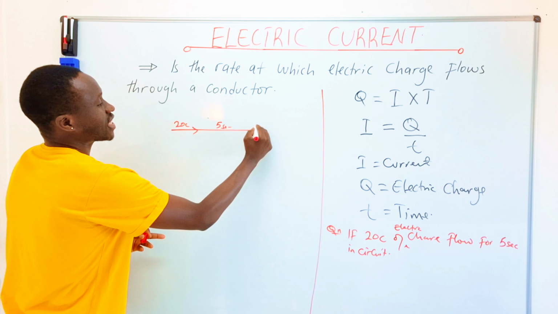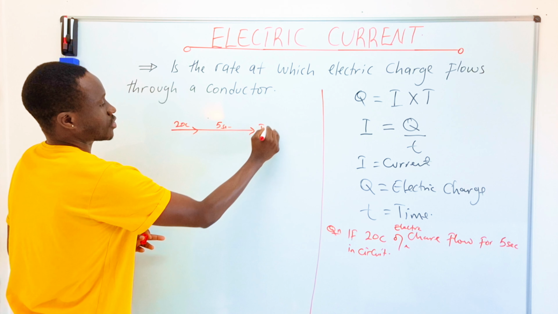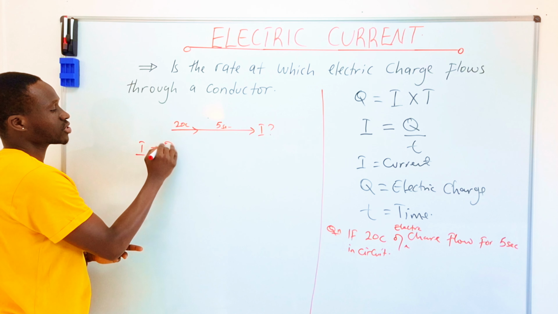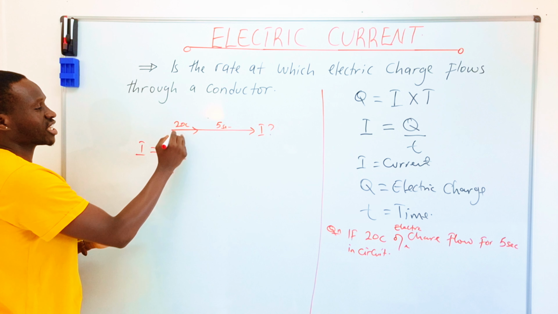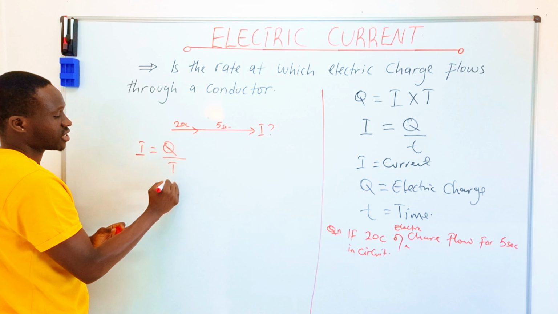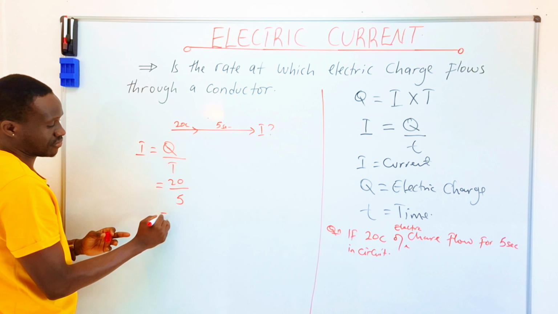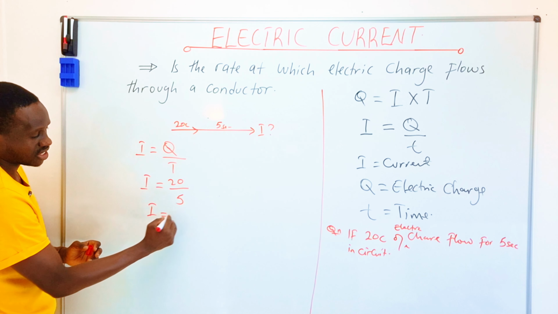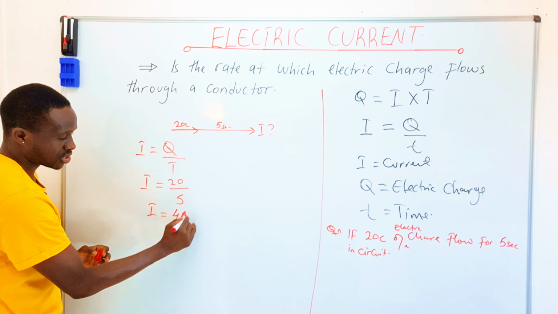Now, if they say calculate for current, we are looking for current, meaning current equals charge over time. Our electric charge is 20 divided by 5, and we shall get our electric current, 4 amps.